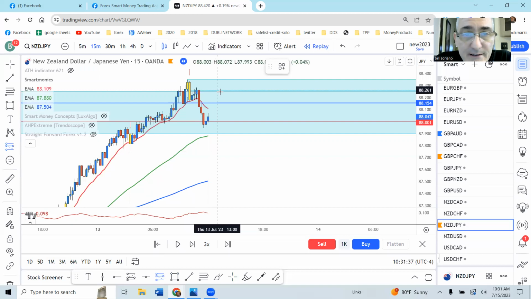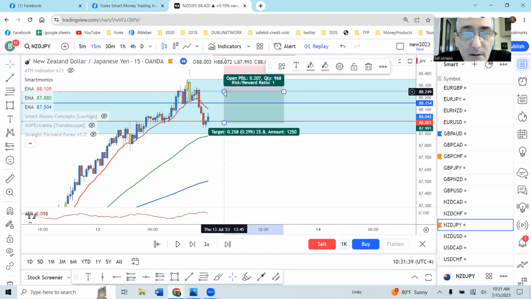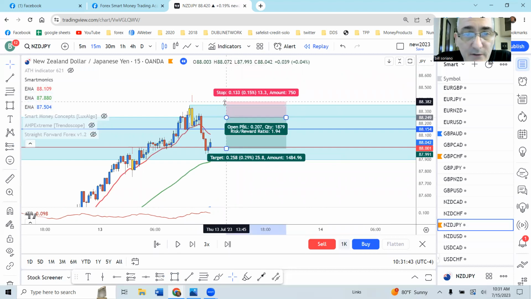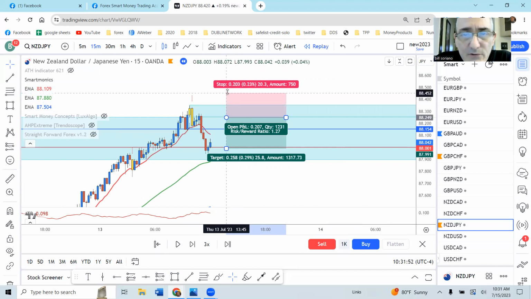So now we want to get into this trade right here, right? Our stop loss, okay, so there's the wick. We look at the ATR, 10 pips, right? So see here, in this case, we used a stop loss of about, I think it was 17 pips, if I'm not mistaken.